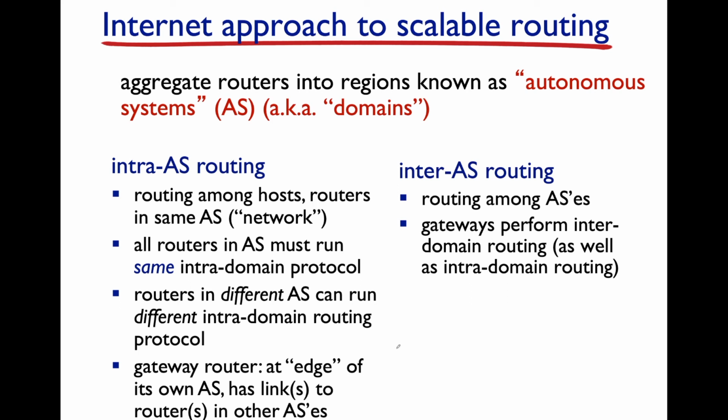The other is Inter-AS routing, about establishing pathways between the seams where different autonomous systems connect to one another. Routers in different ASes can certainly run different intra-domain routing protocols, because that's at the behest of the administrator that sets up, runs, and operates the autonomous system's routers.